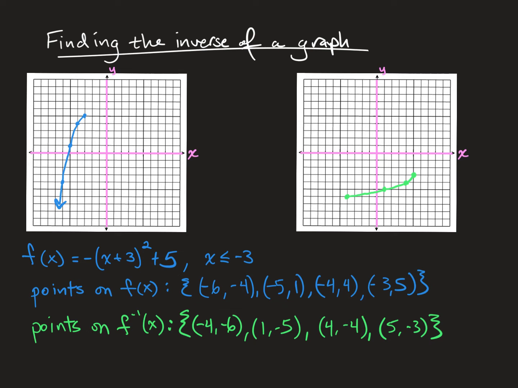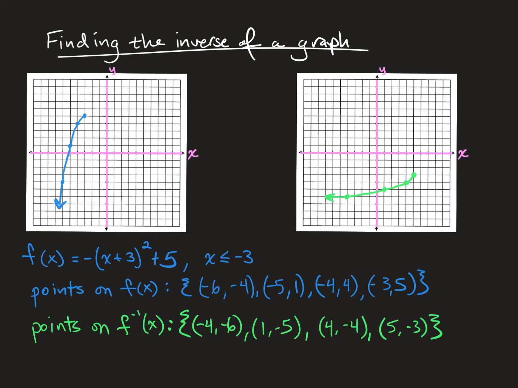Now we're super close here. You can tell that this graph starts at this vertex point, which is here. So this graph should also start at the vertex point, which would correspond to this one. And then it would go forever in the other direction. So we can extend this out like that.